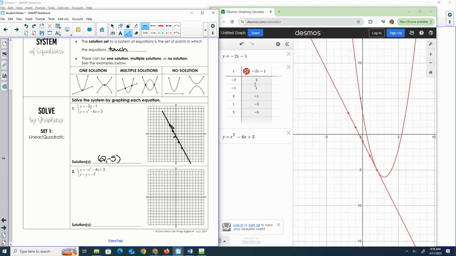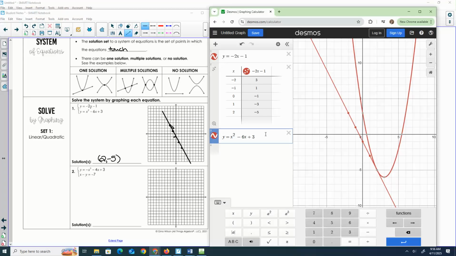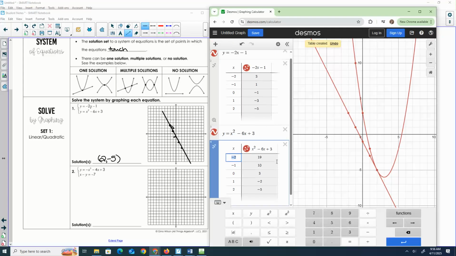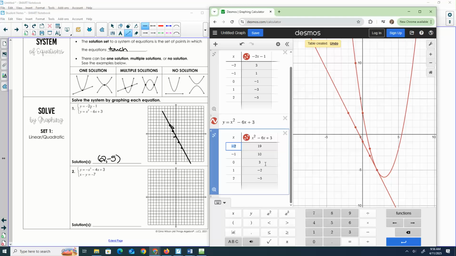And then the parabola, we could do the same thing. If you click next to it, and then go to your edit and select table, it gives you some points on that graph. Now, you certainly don't have to plot all of them, but you could put enough that you could support your answer.